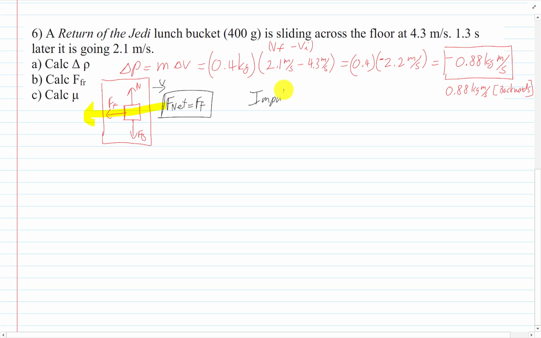Impulse is the net force times the time, and that's equal to the change in momentum. We have the change in momentum, so F times the time, which is 1.3 seconds, is equal to the change in momentum, which is 0.88 kilograms meters per second.